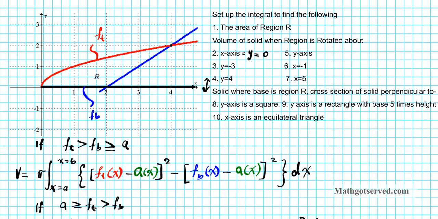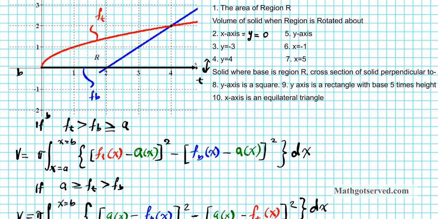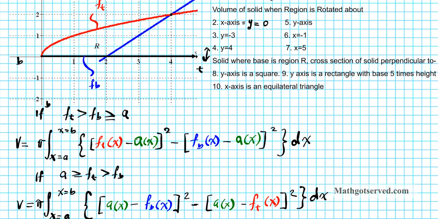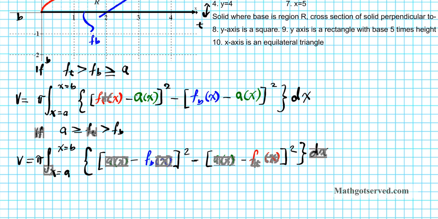So remember, this is the top, this is the bottom, this is the top, this is the bottom. All right, if you're going in the direction of the x-axis, this would be your top and this would be your bottom. All right, now let's go ahead and apply this formula to this problem that we're doing.